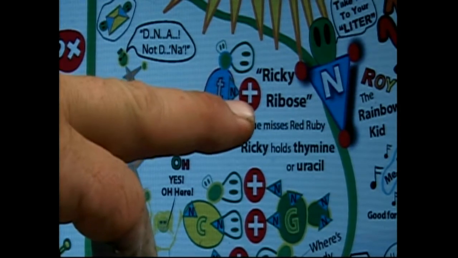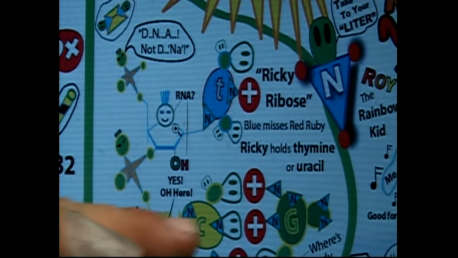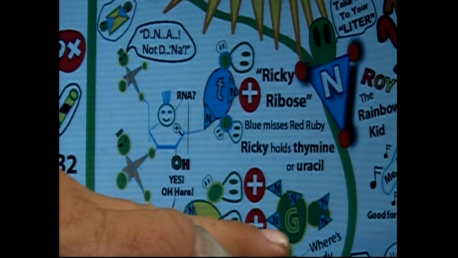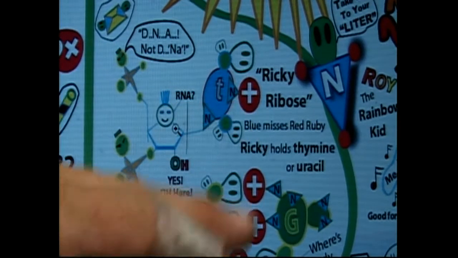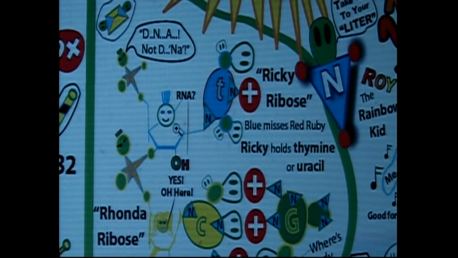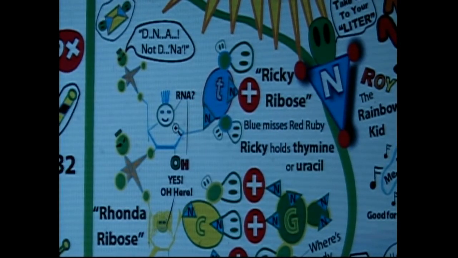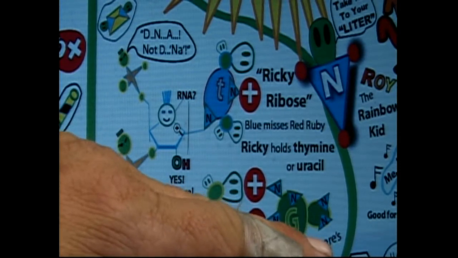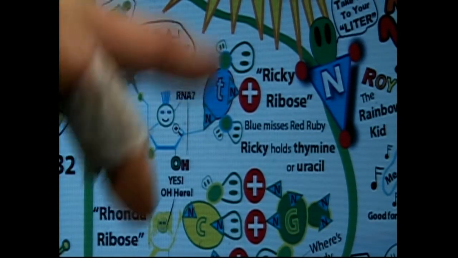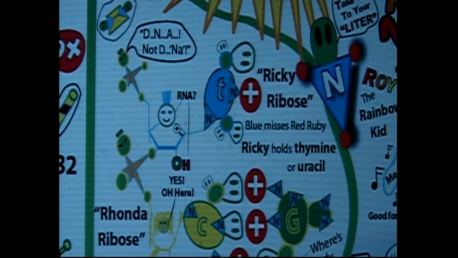It's got the nitrogen, and this is what I started finding when you drew the cartoons. The nitrogens were always in the middle. See, nitrogen, nitrogen. Nitrogen here, when you get the adenine, which was down there with Ruby. Ruby and Ricky are the only 2 that go together. Rhonda and Randy ribose. Randy's the green, so yellow and green, blue and red. So it's a color coding thing.